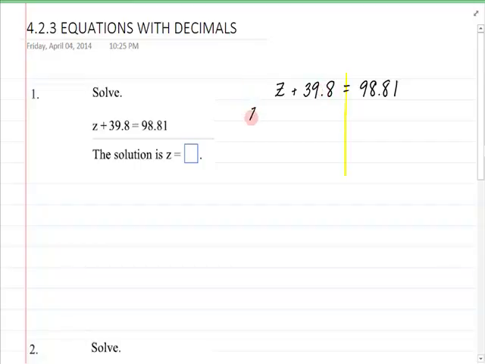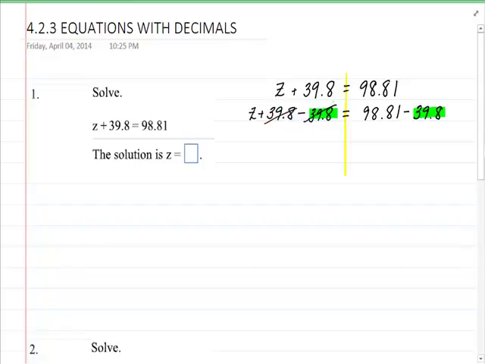That means that we're going to rewrite that side, and we're going to do the inverse, which is subtract 39.8. But if we do it to the left side, we have to copy down the right side and subtract 39.8 from that side also. So I subtracted it from the left and I subtracted it from the right.